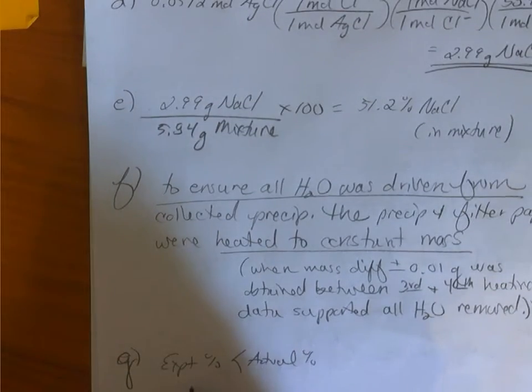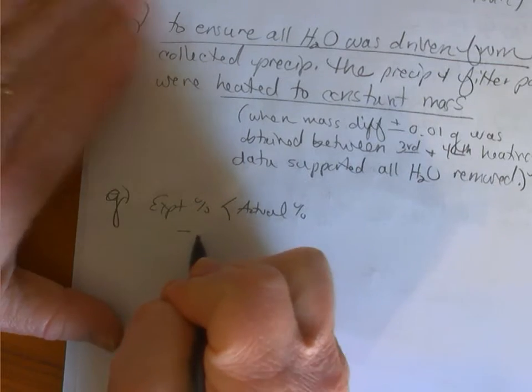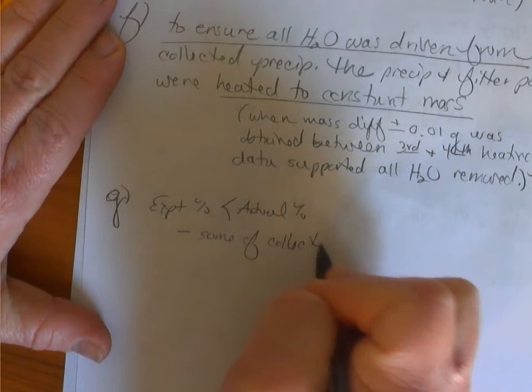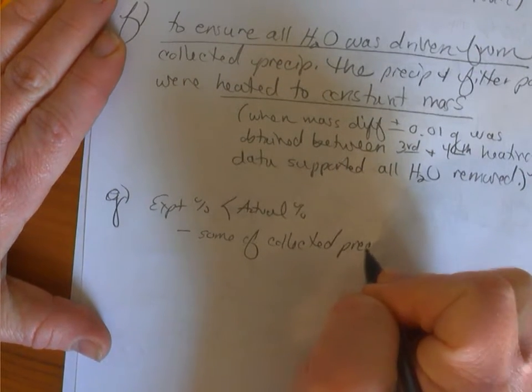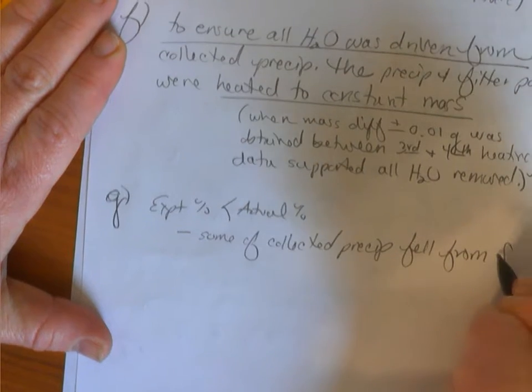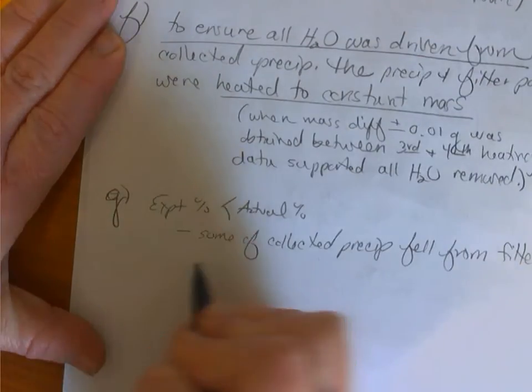Well, you only have to give one reason, and a reason could be that some of the collected precipitate fell from the filter paper, which shame on us, but we know how easy that is to happen.